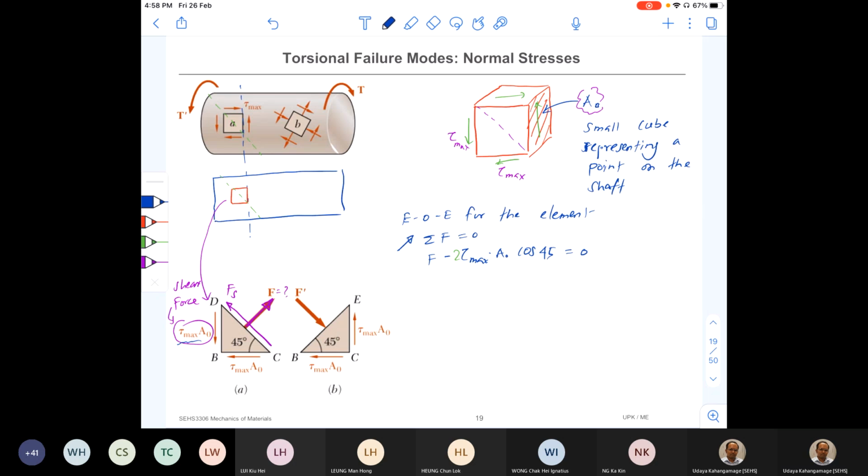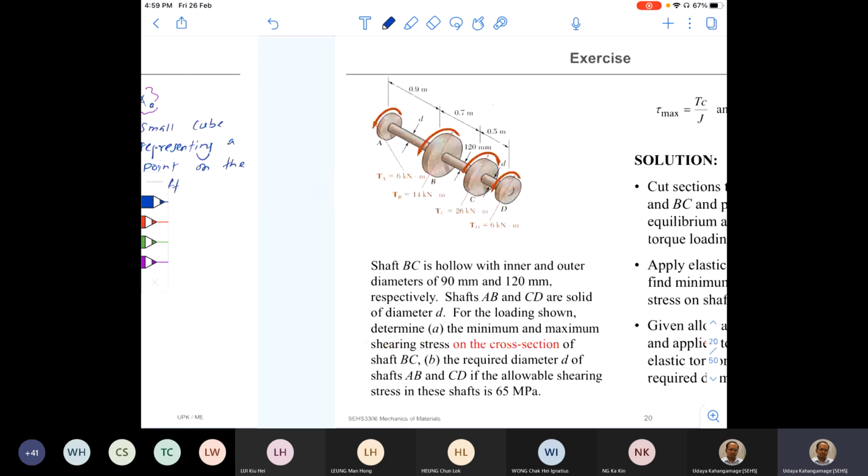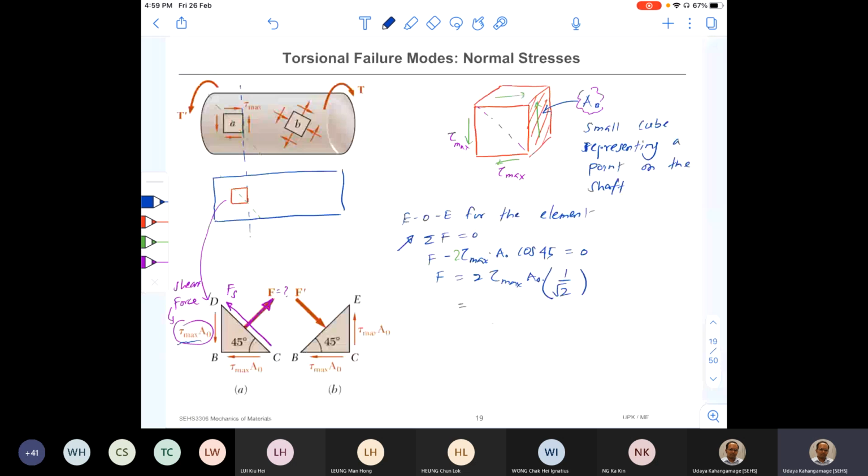right? So that means this force on the 45-degree angle surface, the normal force F, should be equal to 2 times tau max A0 into cosine 45, which means 1 over square root 2. Okay, so I can simplify this further.